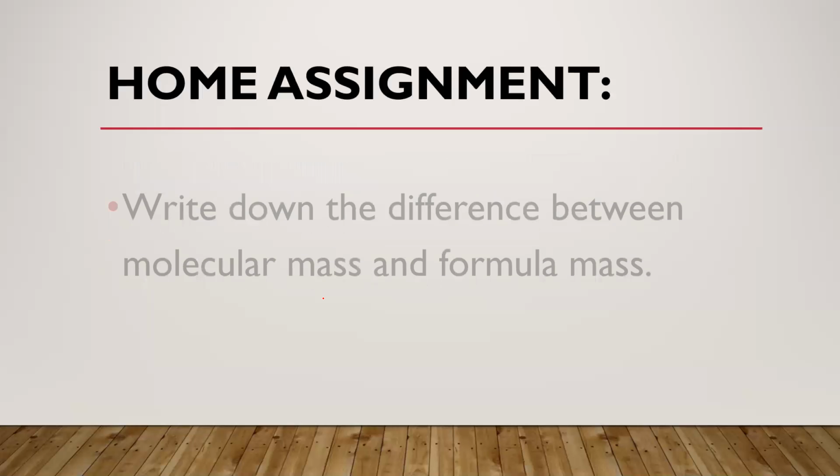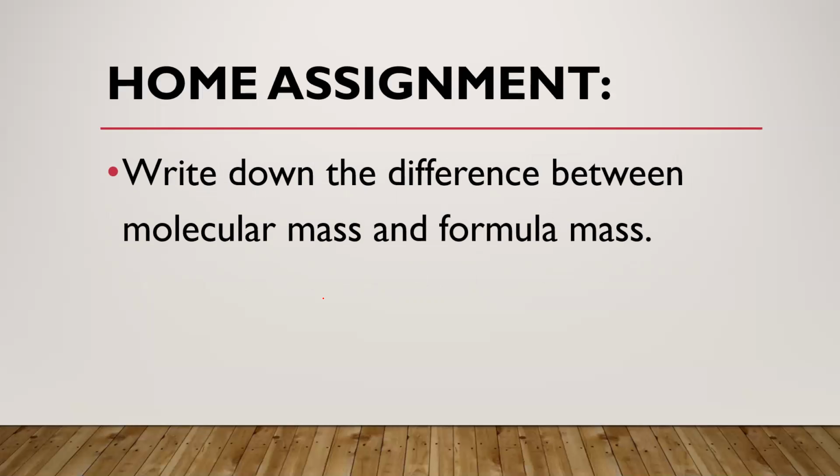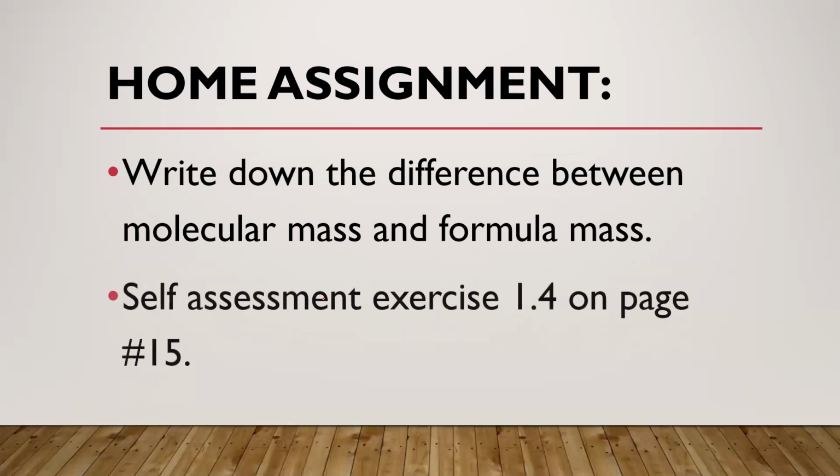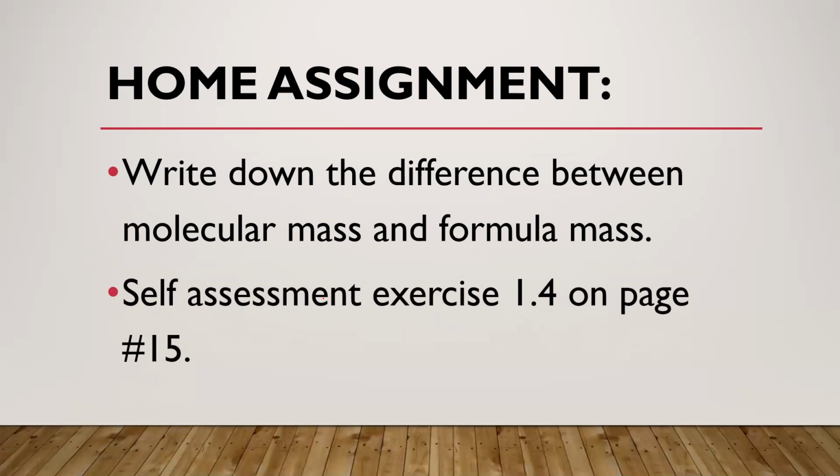The home assignment: write down the difference between molecular mass and formula mass, and do self-assessment exercise 1.4, given on page number 15. Different compounds are given in the exercise. For the calculation of molecular mass and formula mass, you need atomic masses.